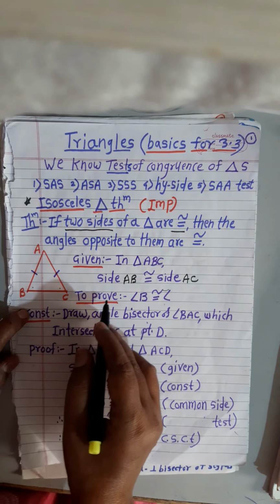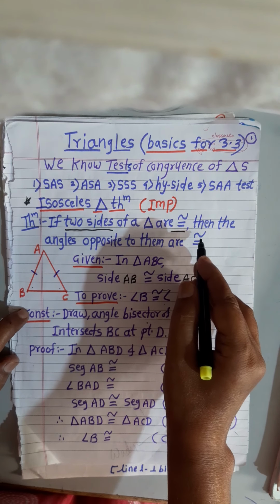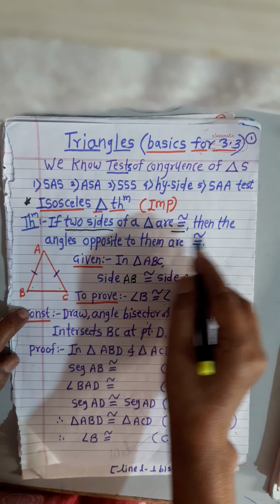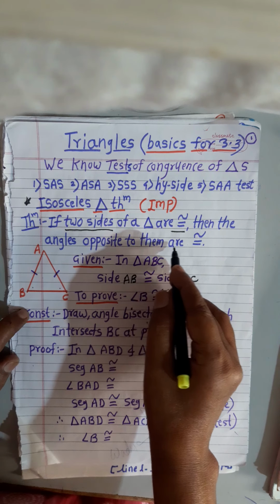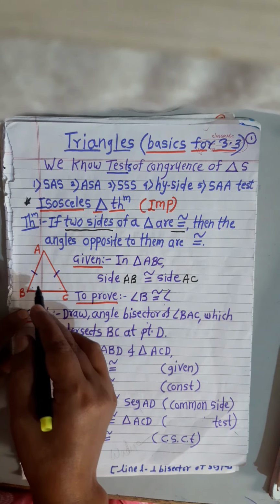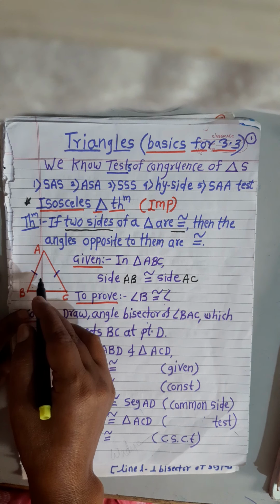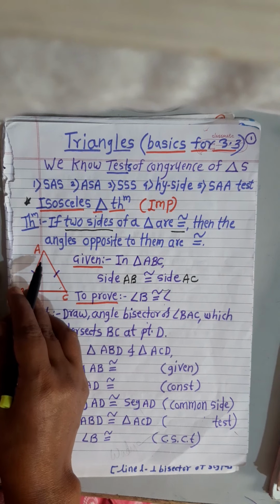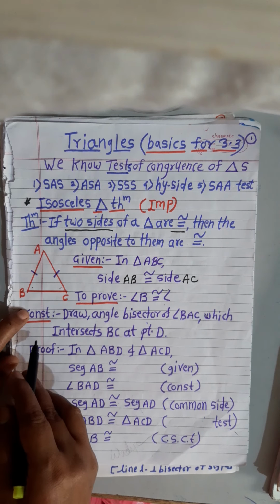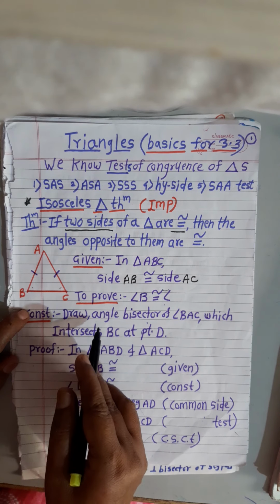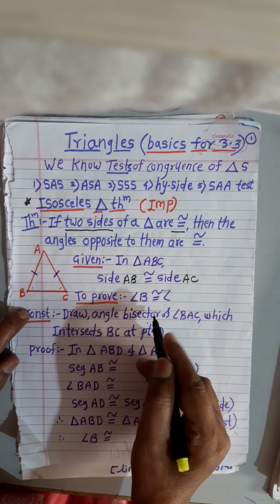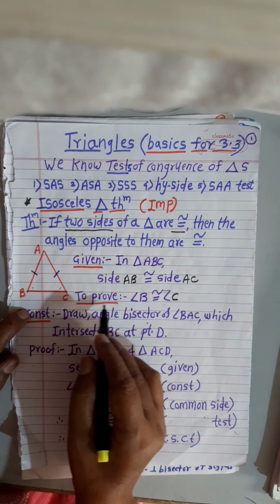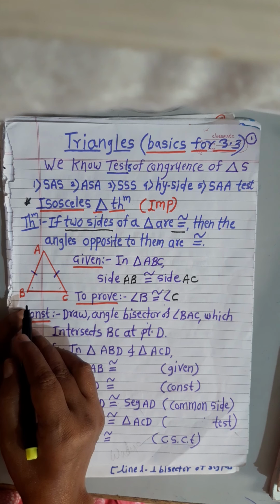What do we have to prove? The part after 'then' is to prove. What is that? The angles opposite to them are also congruent. The opposite angle of side AB is angle C and the opposite angle of side AC is angle B. That means we have to prove that angle B is congruent to angle C. I have written the angle with one letter only.